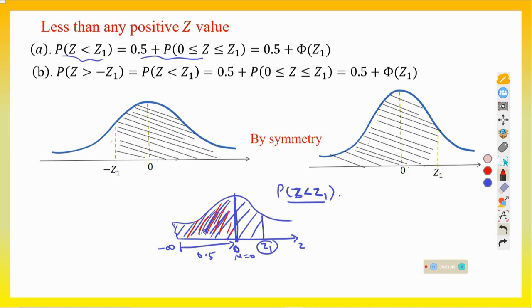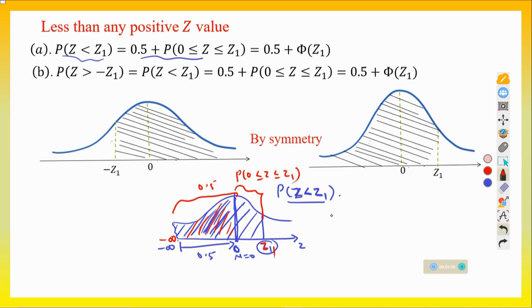So the probability from negative infinity up to z1 is the same as from here up to this given point, which is 0.5, and then you add from here up to this given point, which is the same as the probability of 0 less than or equal to z less than or equal to z1.